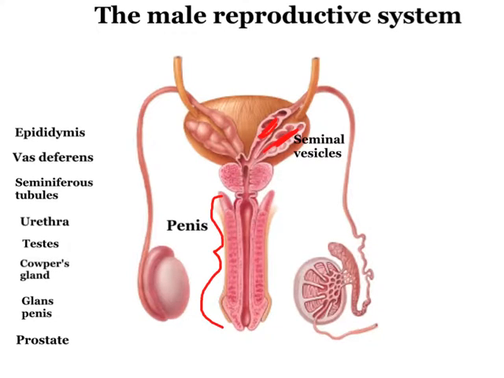They provide a fluid that mixes with the sperm, and the fluid overall is called semen, but specifically the seminal vesicles add fructose, which is a sugar, and another type of chemical called prostaglandins. The sugar provides the sperm with energy so they can swim the long distance that they have to swim, and the prostaglandins cause vaginal contractions that push the sperm from the vagina up into the uterus.